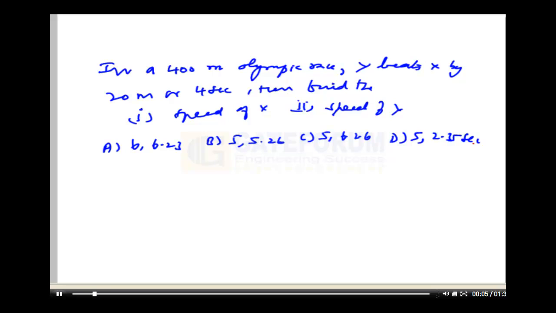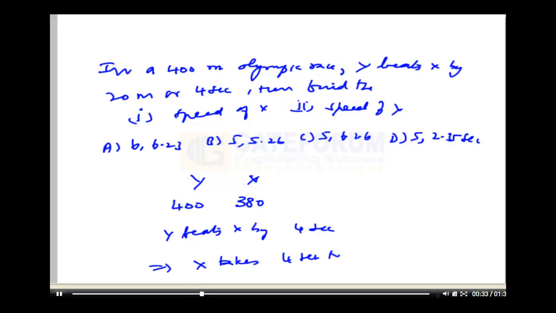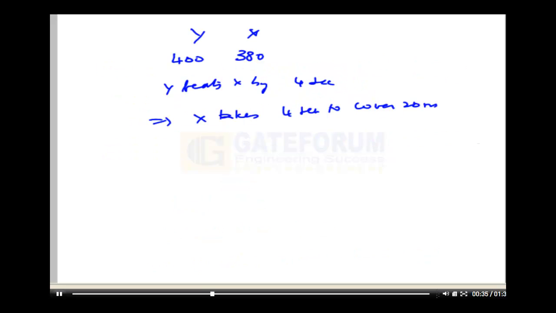In a 400 meter Olympic race, Y beats X by 20 meters or 4 seconds. Then find number 1 speed of X, number 2 speed of Y. In a 400 meter race, when Y covers 400, X will cover 20 meters less, that is 380. And Y beats X by 4 seconds, which means X takes 4 seconds to cover 20 meters. That gives you speed of X, 20 by 4, which is 5 meters per second.